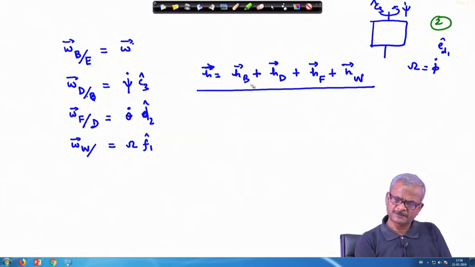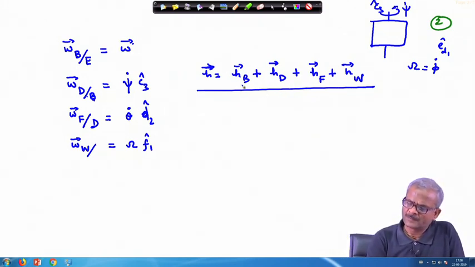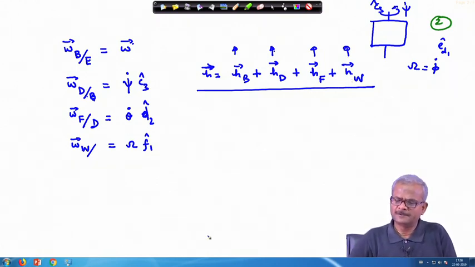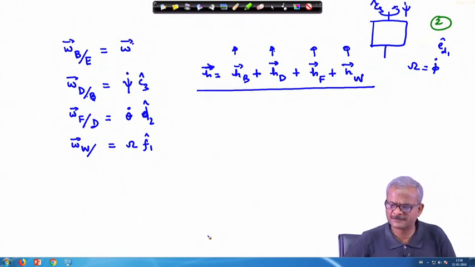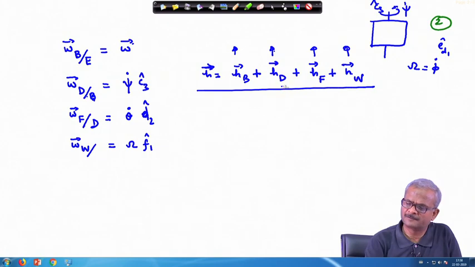So, the approach that we are taking here uses absolute angular momentum, not a relative one. In the previous lecture we derived it in a relative sense with respect to the satellite. Here all these are the absolute angular momentum.